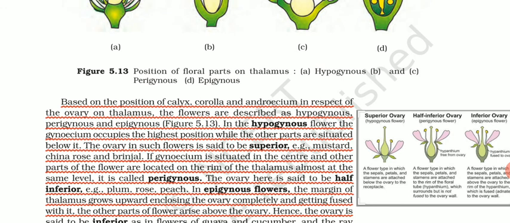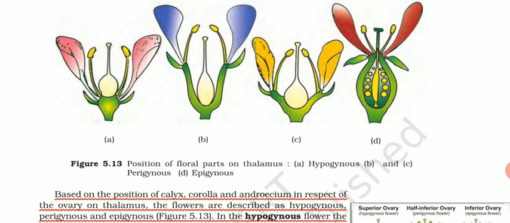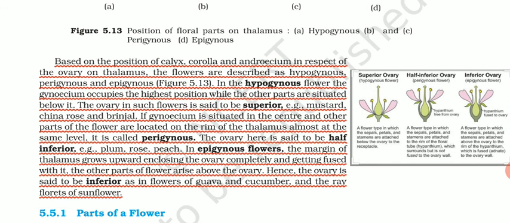Number two, in the second pictures B and C, you can see the condition of perigynous flowers. When the other floral appendages such as sepals, petals and androecium, as in B, are present at the same level as the ovary, or they can be present at the middle edge of the ovary, as in picture C, this is known as half inferior, right?